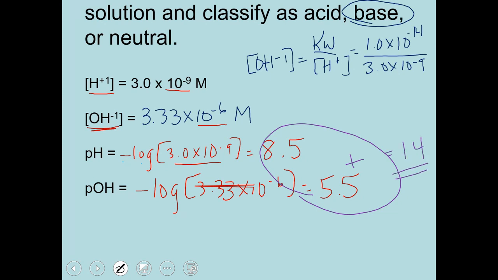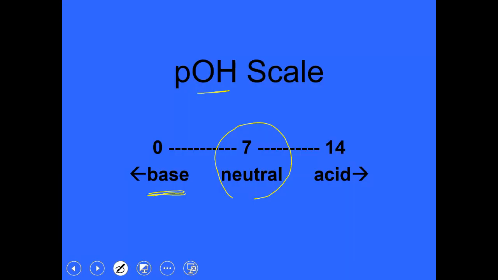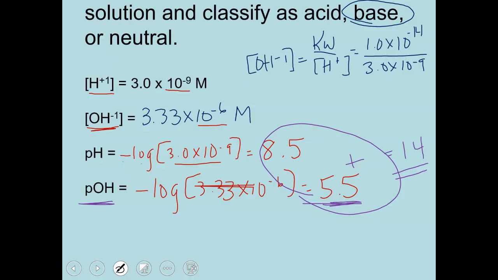And that should always be true. We also got a pOH that's below 7, and we said that anything below 7 is indeed a base. So that agrees. And we now see that this solution is a base, and we've fully described this solution.